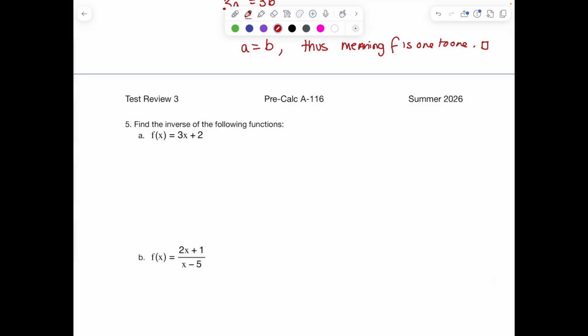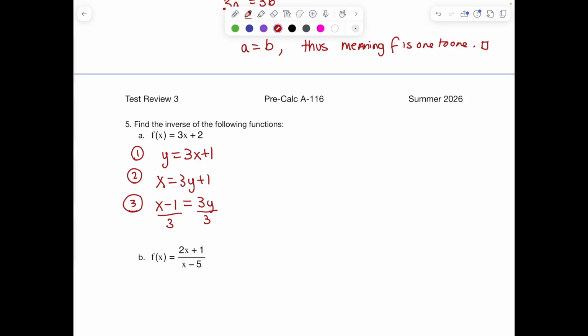Okay, for problem 5, we need to find the inverse of the following functions. So remember, the first step is to swap f of x with y, so we get y equals 3x plus 1. Step 2, we get x equals 3y plus 1. Step 3, solve for y, so we get x minus 1 equals 3y by subtracting 1 on both sides.